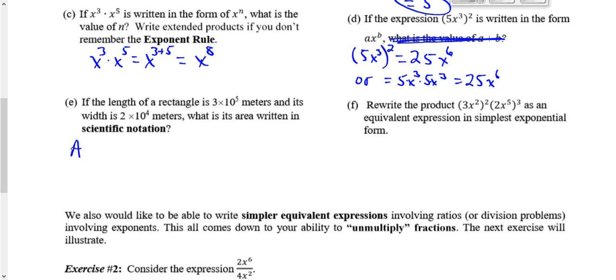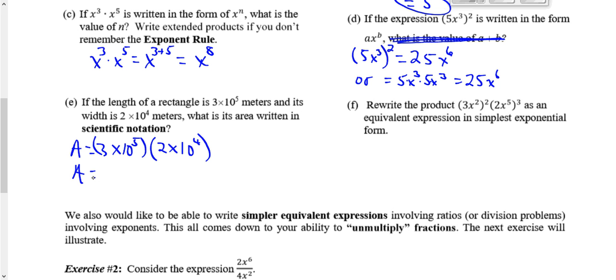So area would be 3 times 10 to the 5th, times 2 times 10 to the 4th. That's not an x, by the way, that's times. That's why we generally don't use the times symbol in algebra so much anymore. We want to make it look like an x. Okay. That's a 5, right? Yeah, 5. Right?